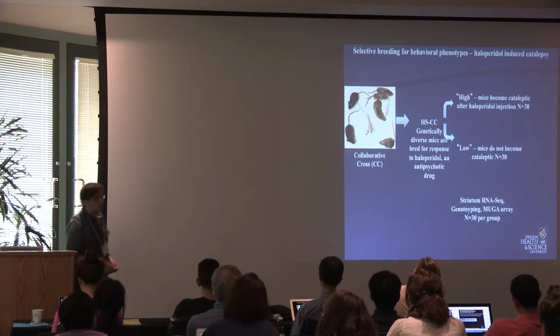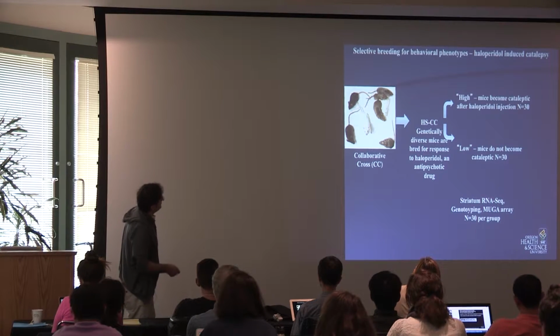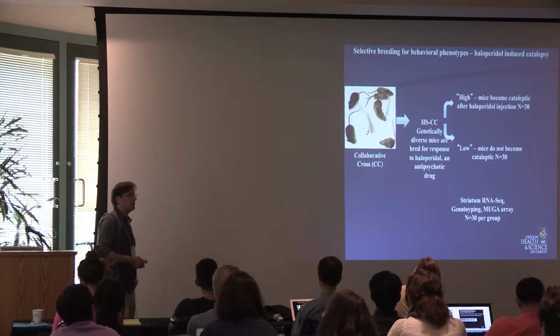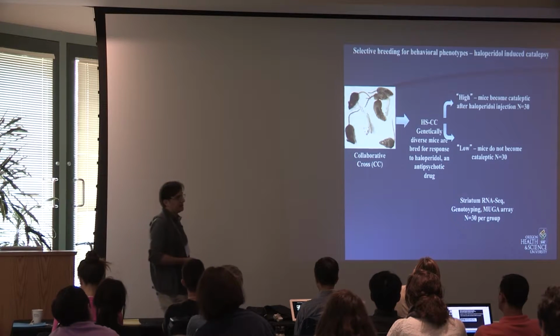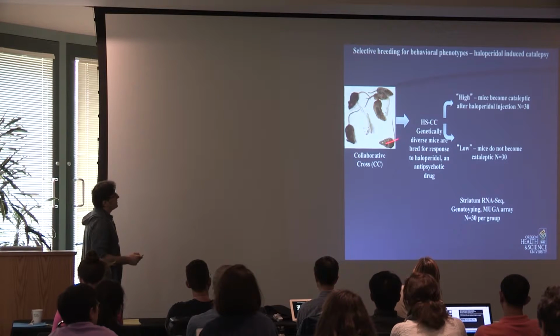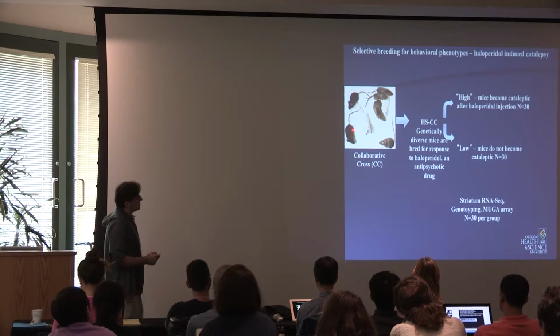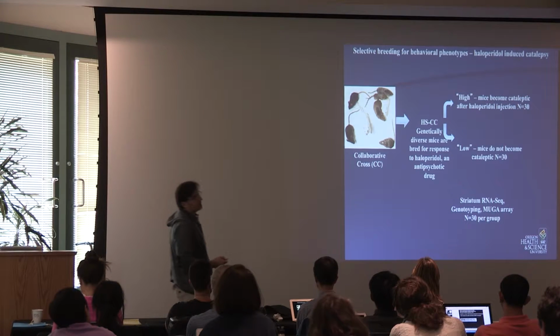Okay, so we'll switch gears a little bit. All the results I've shown you are from data of 60 mice, RNA-seq from the striatum. But in reality, there are two categories of these. We started with a genetically diverse population of mice and selectively bred them for a behavioral phenotype.